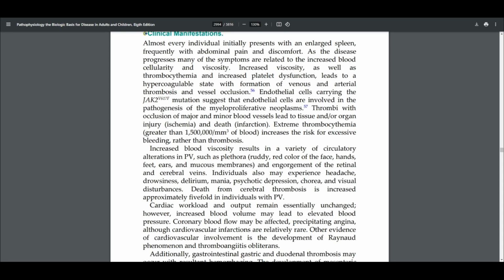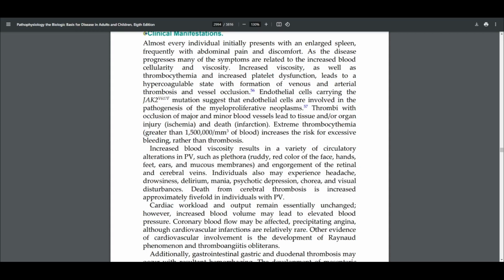Thrombi, with occlusion of major and minor blood vessels, lead to tissue and/or organ injury and death. Extreme thrombocythemia increases the risk for excessive bleeding rather than thrombosis.